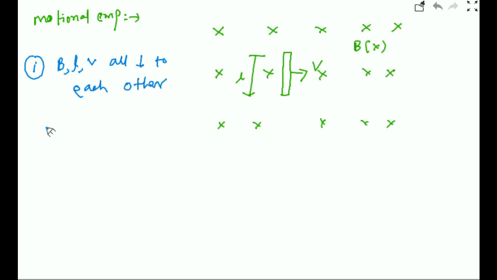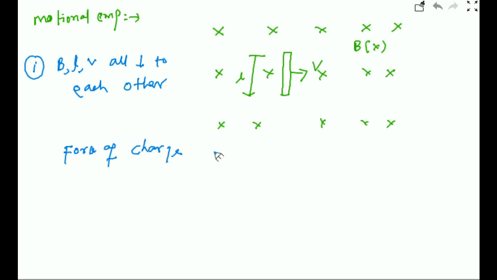So when the conductor is moving in a magnetic field, a force will act.